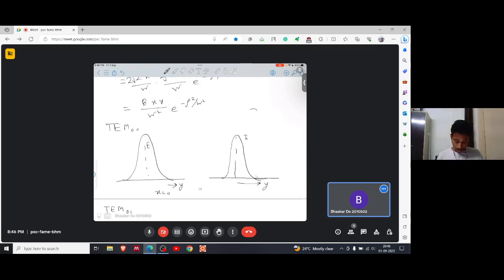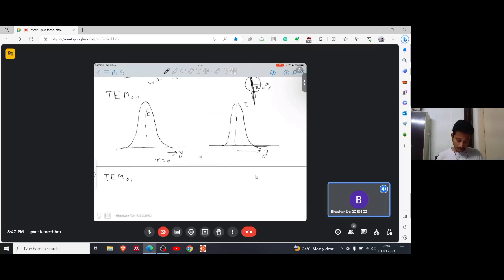So here is the beam, this is x, this is y, and we are looking at x equal to 0. So we are looking at this central line, and we have this Gaussian form.